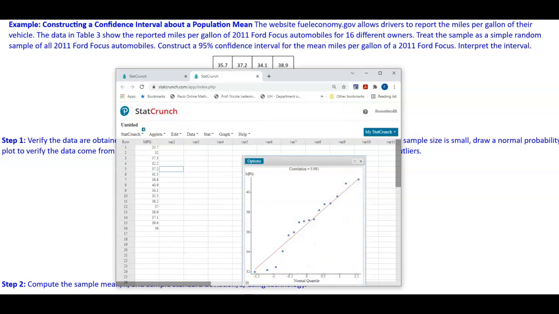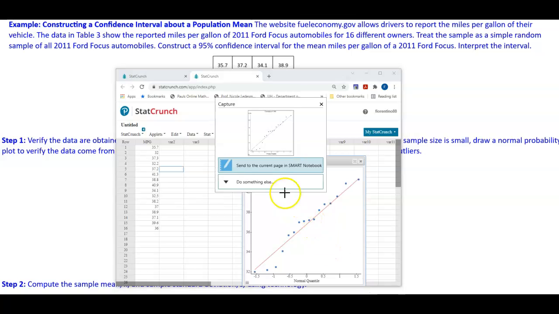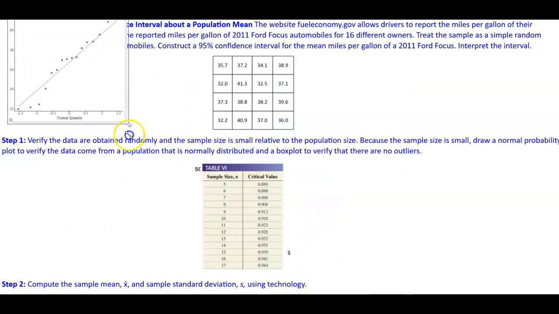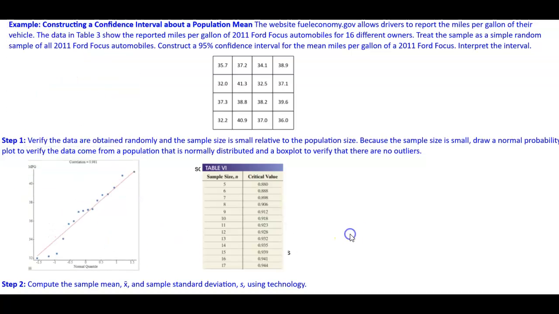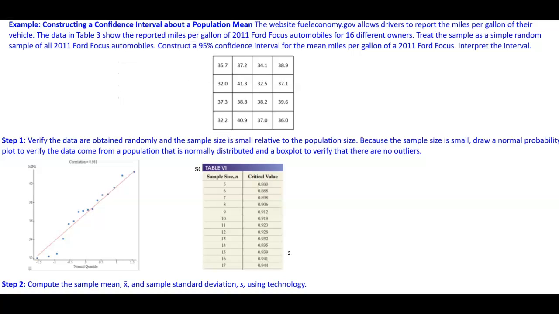So there is our graph. I'm going to go ahead and copy that. So there is our correlation statistic and our graph. Okay, so what do we know about R? Well, R is the correlation, which is 0.981. And so we need to compare that to the critical value and look at our sample size.